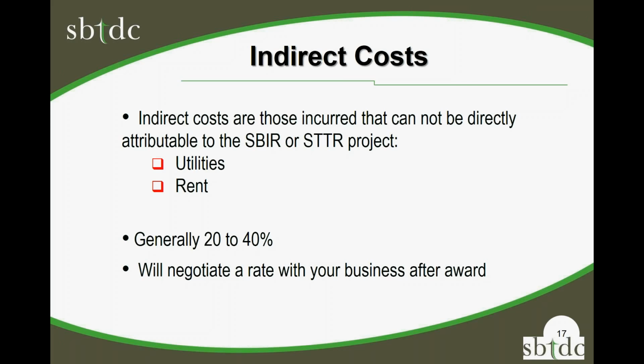Most of the agencies will allow you to earmark or put 20 to 40% of that total funding that you request into this indirect bucket. So if you're asking for $200,000 in your total request, $40,000 to $80,000 can be incorporated to cover those indirect costs.